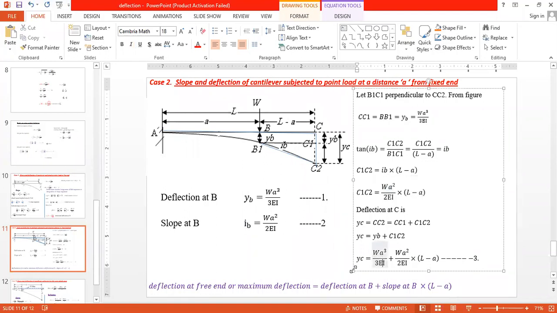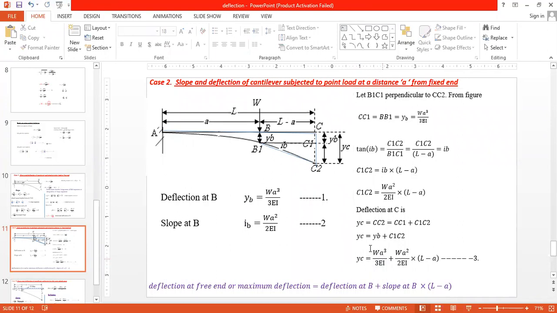Now see here, from this equation, this is the deflection at C, or the maximum deflection. You can imagine it from this image also. YC, the deflection at C when the beam is loaded with a point load at a distance A from the fixed support, is equal to the deflection at B plus the slope at B into L minus A, which is the distance of the load from the free end.